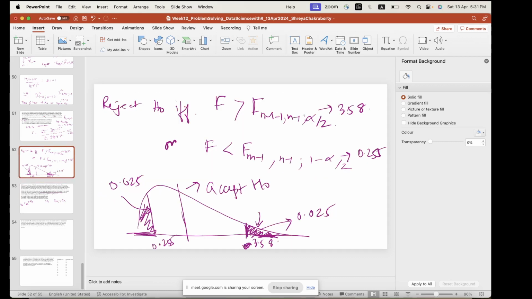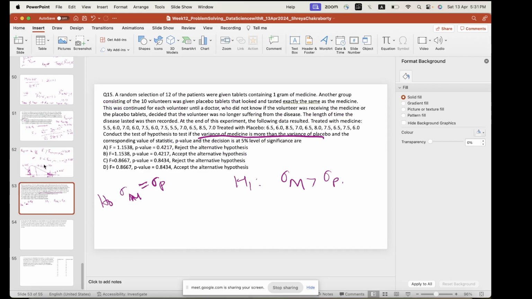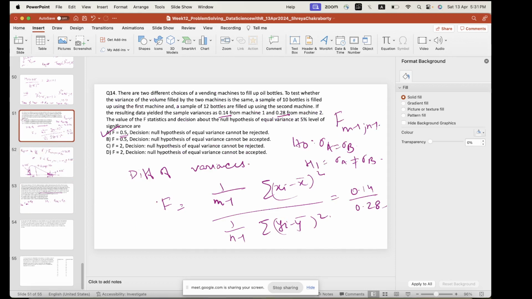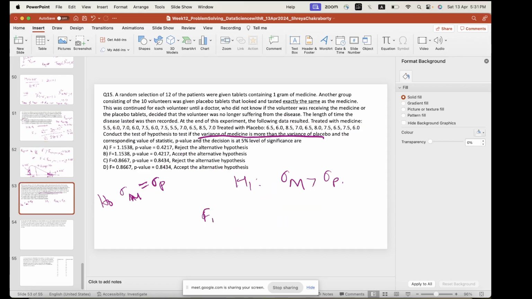Since this is a one-sided test, if we are considering F medicine by F placebo, then sigma M greater than sigma P means that we are going to do a right-sided test. Alright, so we will reject if this F is greater than F critical, with M minus 1, N minus 1 and alpha we are going to define.